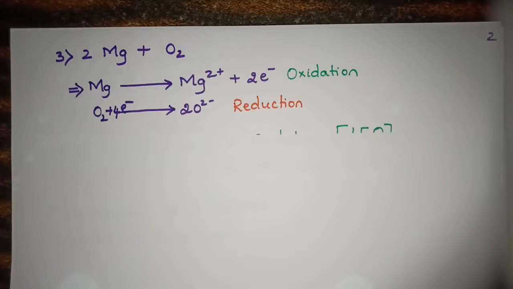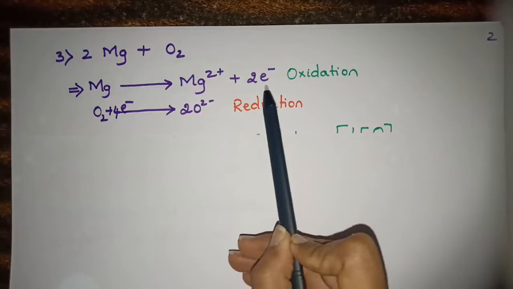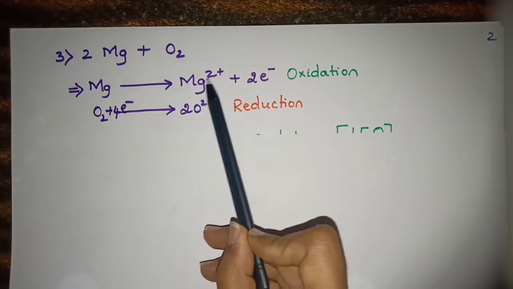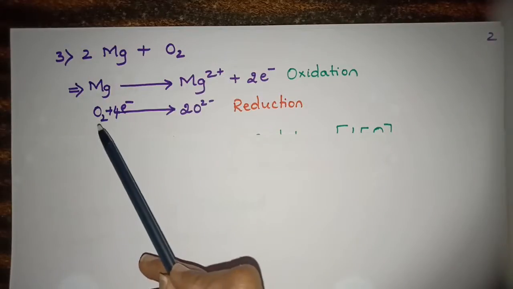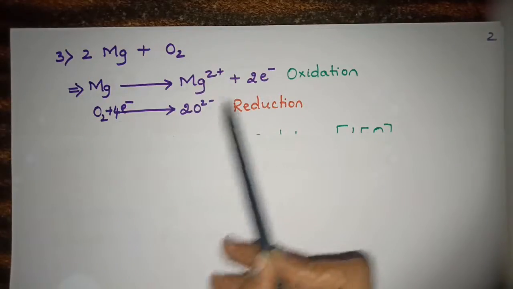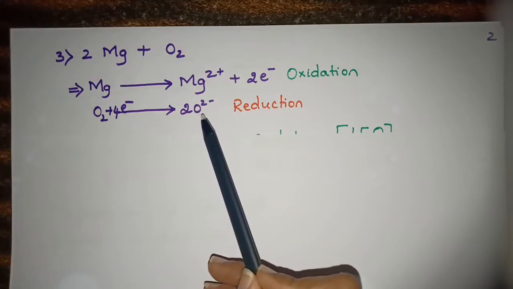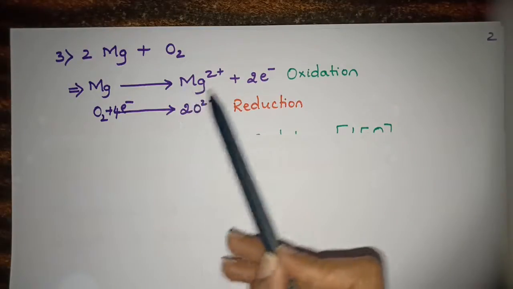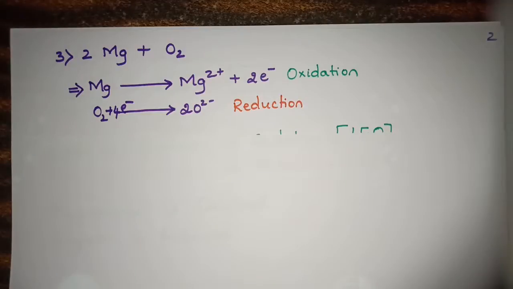electron level. So we have magnesium, and this magnesium loses 2 electrons and forms an ion which is magnesium 2+. Okay, and then we have oxygen, which takes up these electrons and becomes a negatively charged ion, an anion. Now these two ions would combine together to give us 2MgO, magnesium oxide.